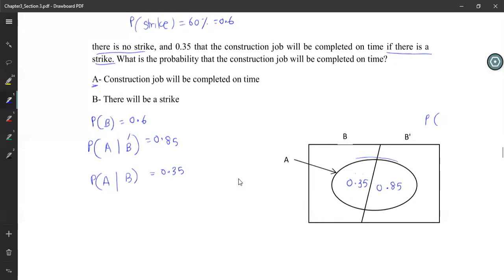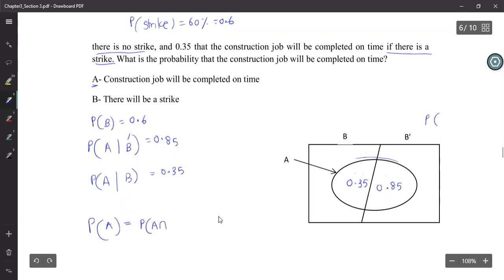Now, what do you want to find? What is the probability that the construction job will be completed on time? You have to find P(A). How do you find P(A)? Yes, that means job will be completed and there is a strike, or job will be completed and there is no strike.